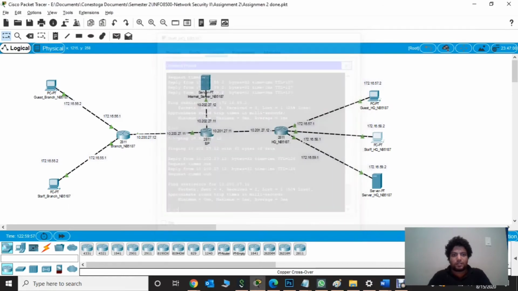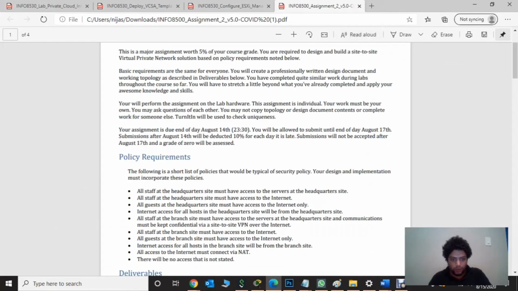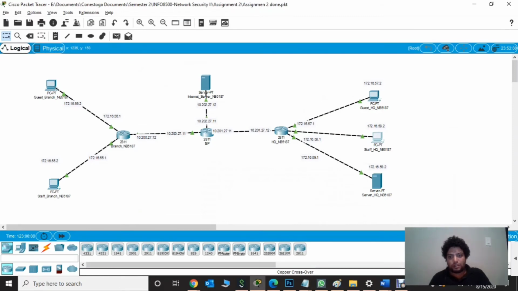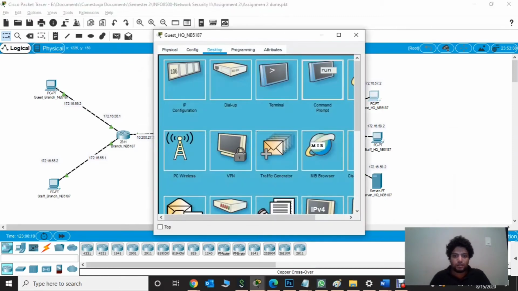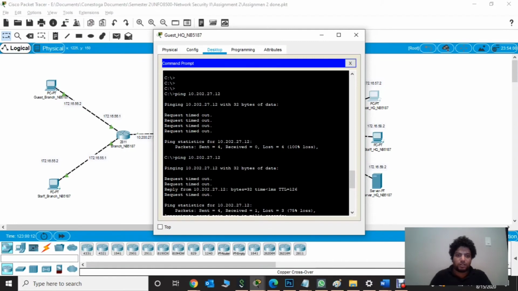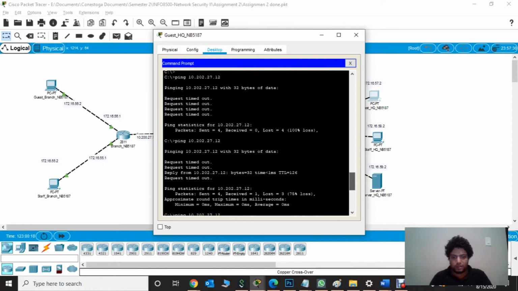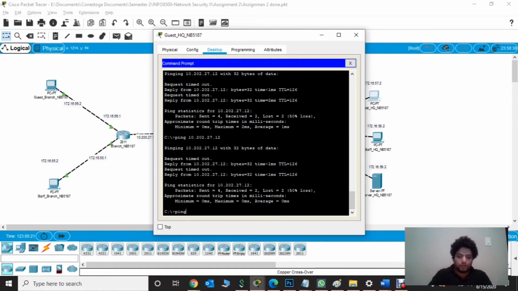Coming to the next requirement, all the guests at the headquarters site must have access to the internet only. So guests must have access to the internet. We will try ping. I'm at the guest computer right now, and I'm trying to access the internet server.